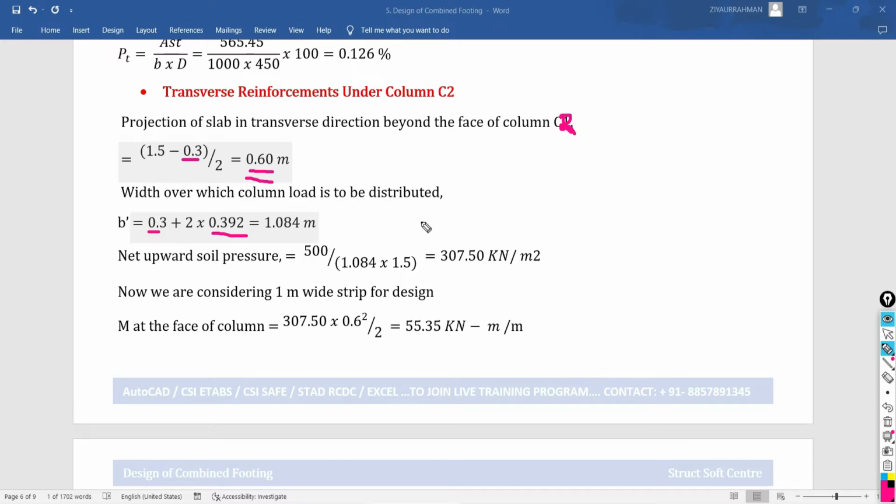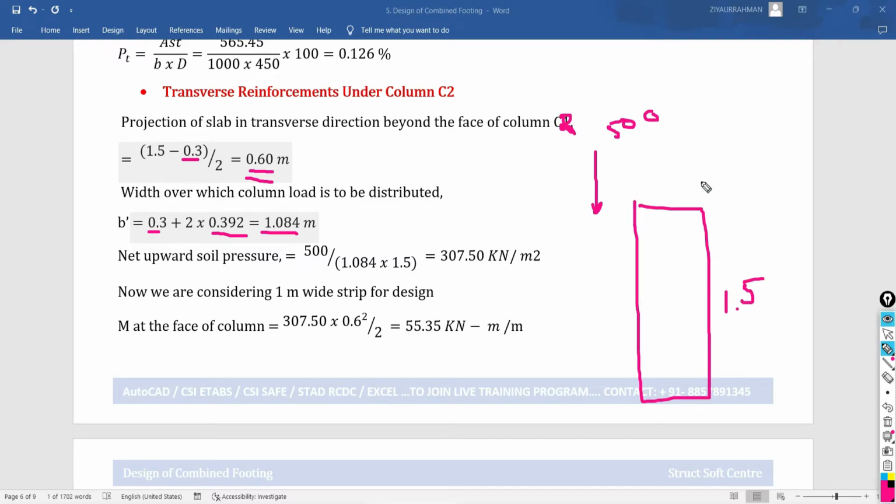For the net upward soil pressure, the load coming from the column C2 is 500 kilonewton divided by the design strip width multiplied by the overall width. See, this is the 1.5 and this is the width we have calculated as 1.084 meter. So you get the upward soil pressure under the column C2 as 307.5 kilonewton per meter square.